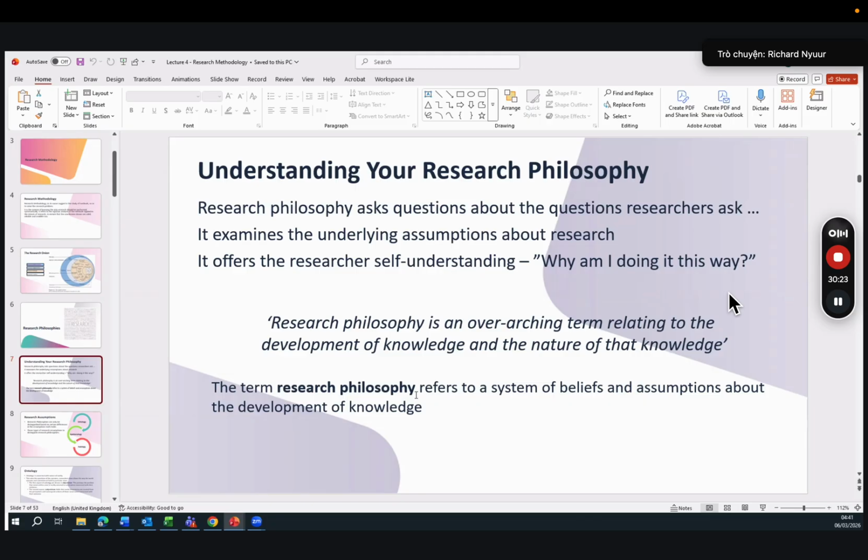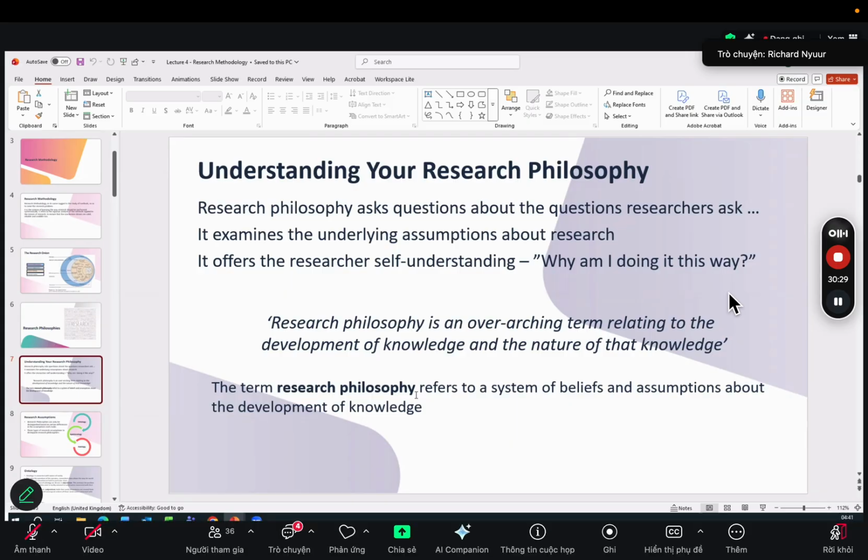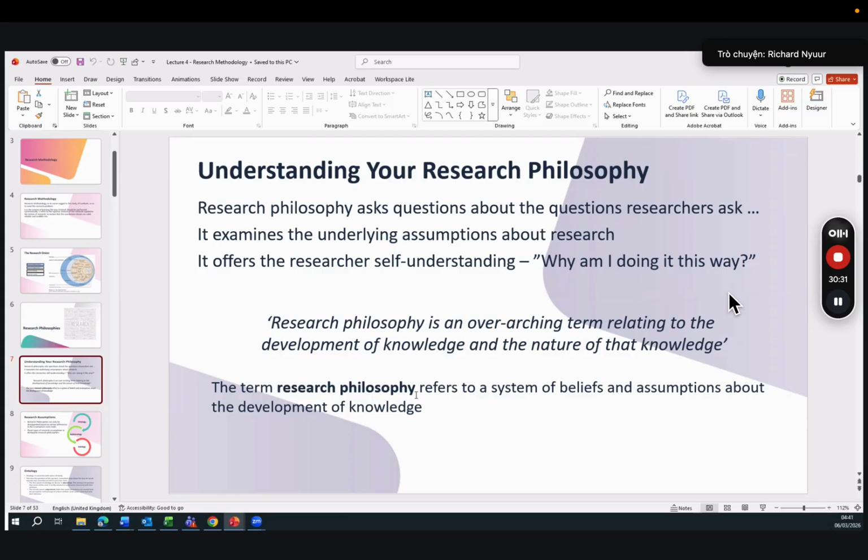The nature of that knowledge is always anchored on what people believe in terms of the value of that knowledge, in terms of whether knowledge generated through numbers or through text is valid or generalizable.